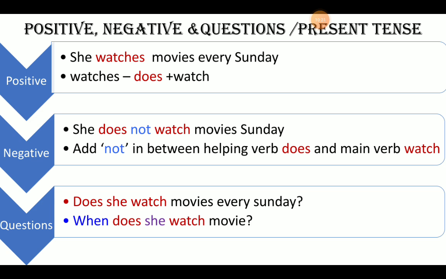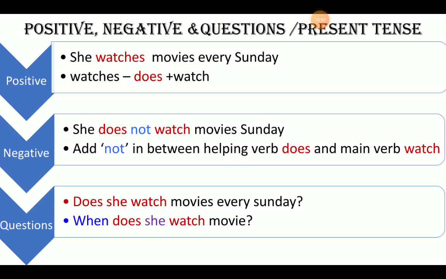So does, it should be in the front. And then after the auxiliary verb, you should use the given pronoun. What is the pronoun here? She, right? And then after the pronoun, you should write the main verb. What is the main verb here? Watch. So the question will be, does she watch movies every Sunday?